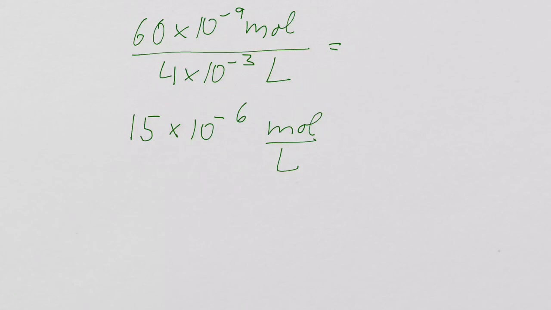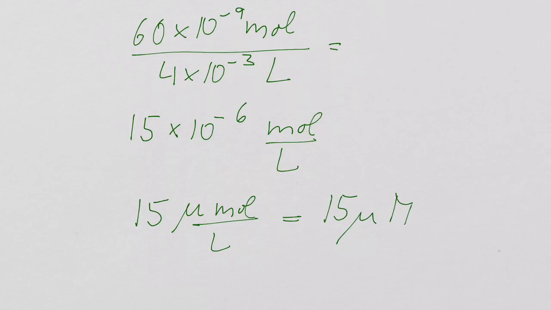Now, 10 to the minus 6 I can write in a slightly different form. What is 10 to the minus 6? 10 to the minus 6 is micro. So I can write this as 15 micromole per liter. And that's the same as 15 micromolar. Did you get that? Yeah. Well done.